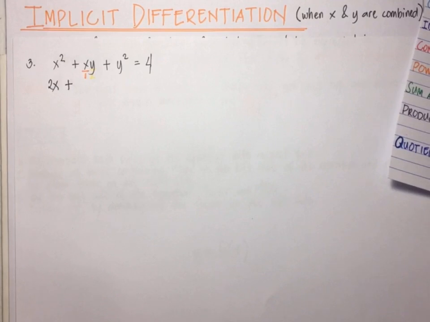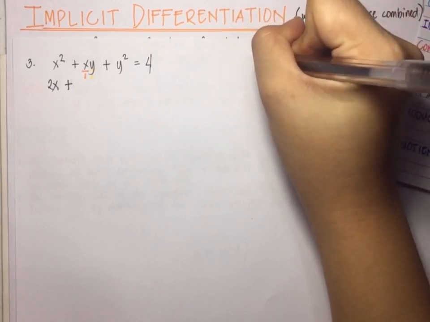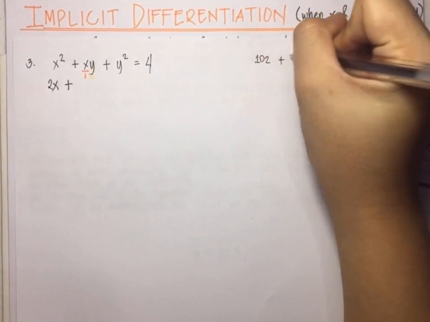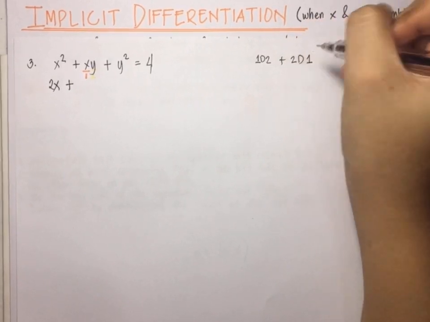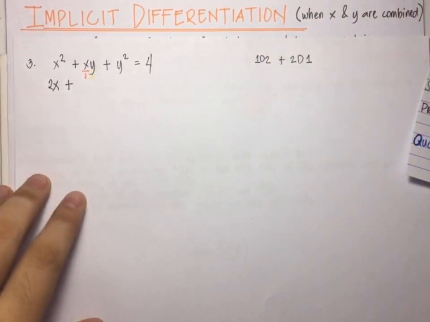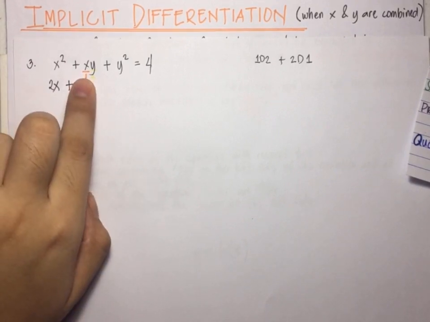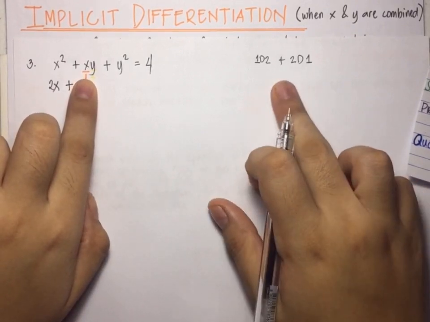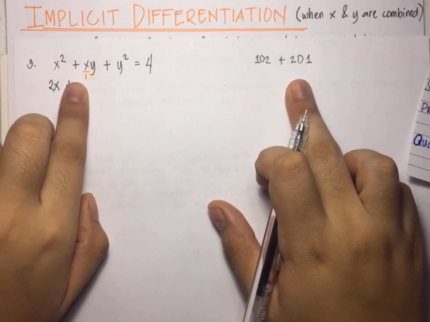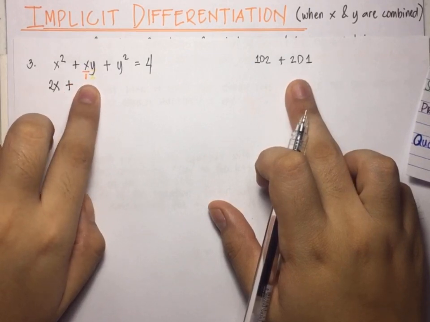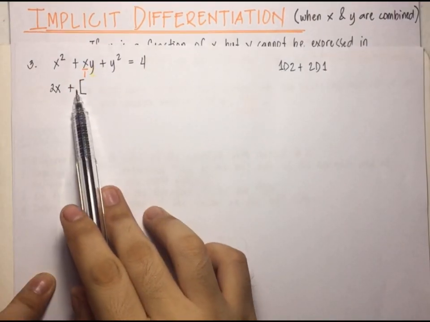Remember our product rule, first d second plus second d first. So let's find the derivative of the second term by applying the product rule, where x is first and y is the second. Let's put a bracket.